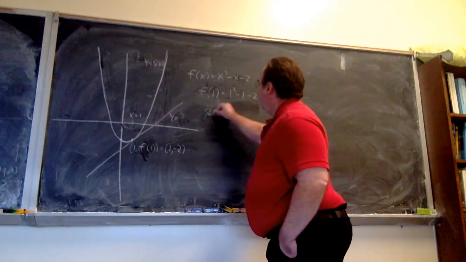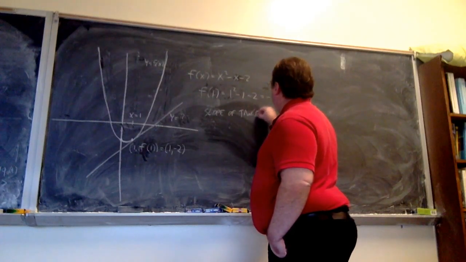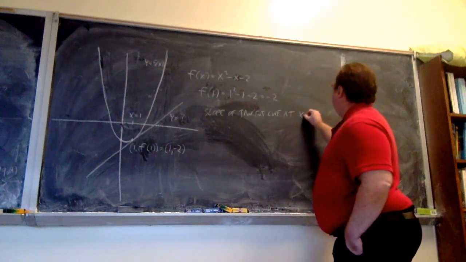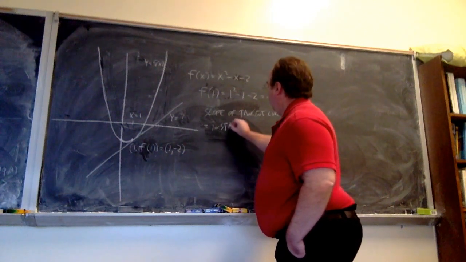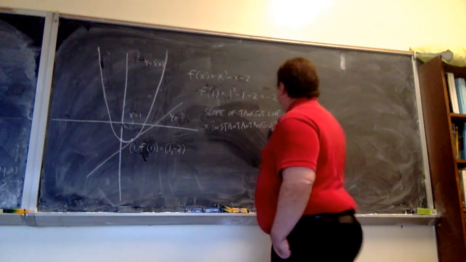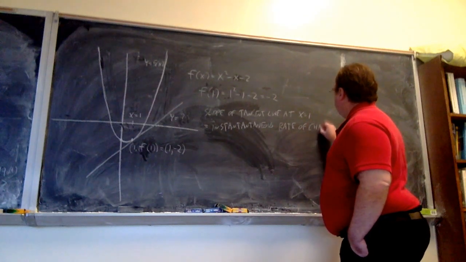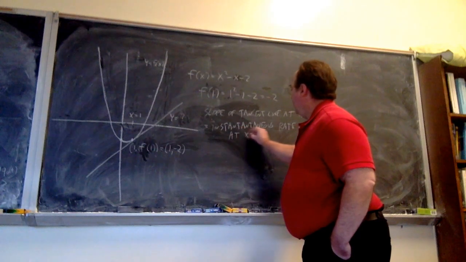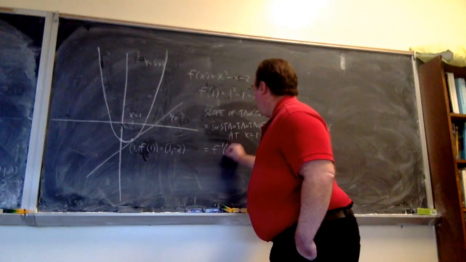So the slope of a tangent line at x equals 1, which is equal to the instantaneous rate of change at x equals 1, is given by f prime of 1.